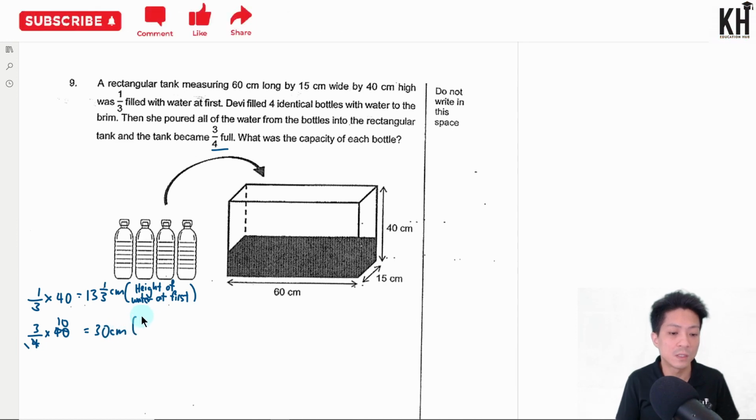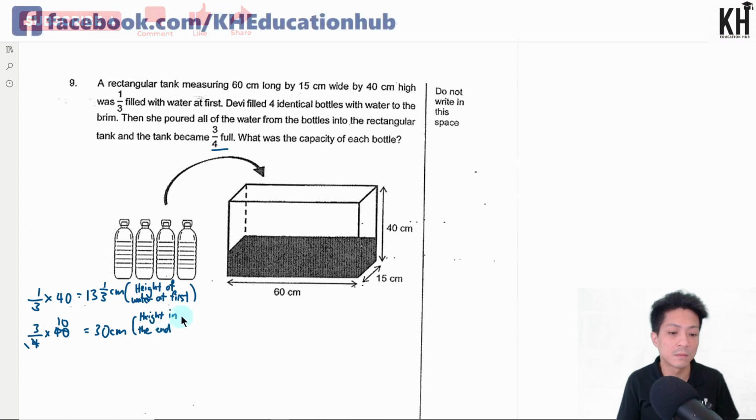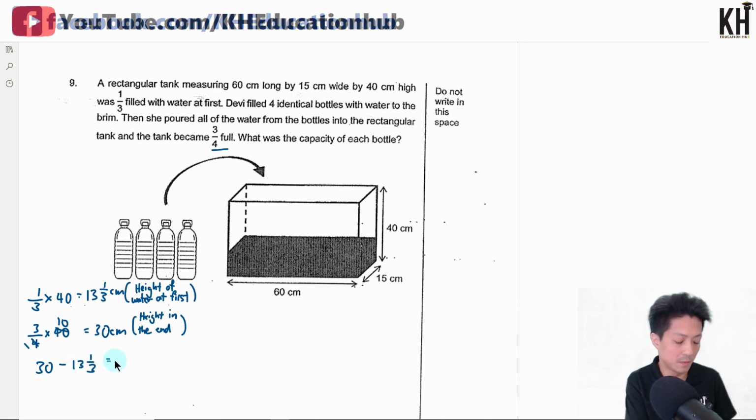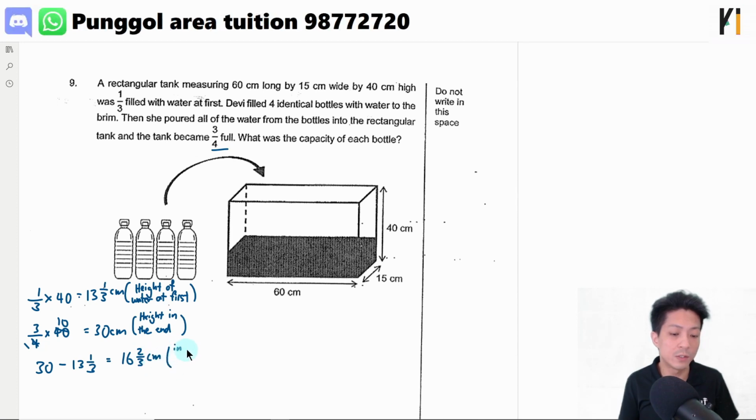So this is the height in the end. 30 minus 13 1/3 is going to give me 16 2/3 cm. This is the increase in height.